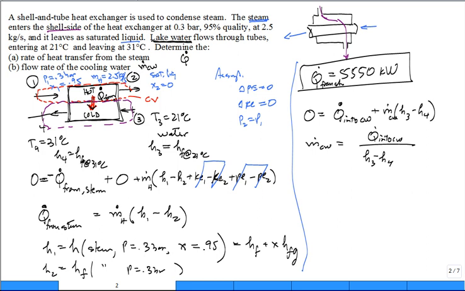So you get those two values of H. And what's going into the cooling water is the same as out of the steam. I like long subscripts. I like to be clear about what this Q dot is. If it's coming out of the steam, it's the same as what's going into the cooling water.